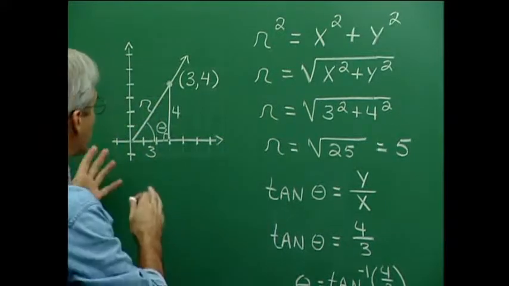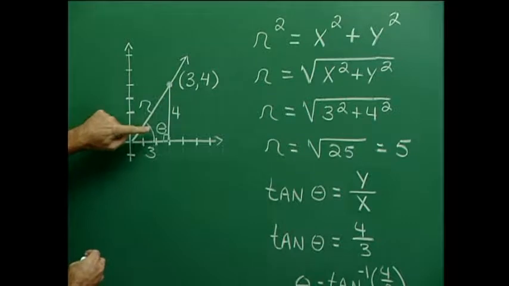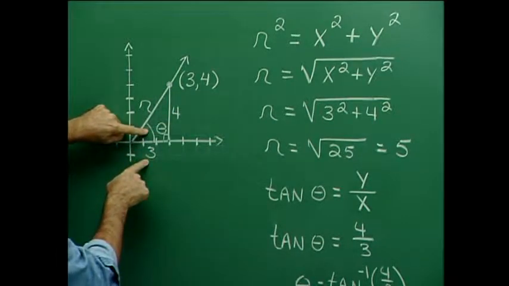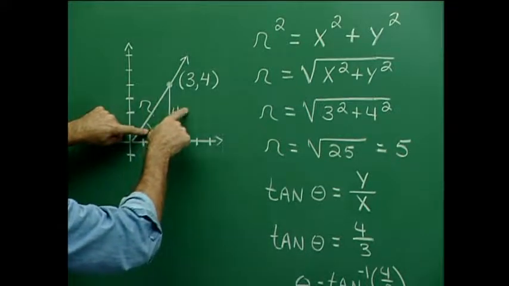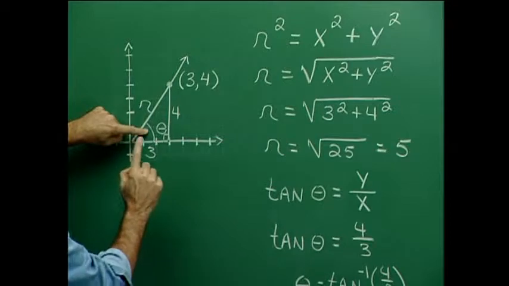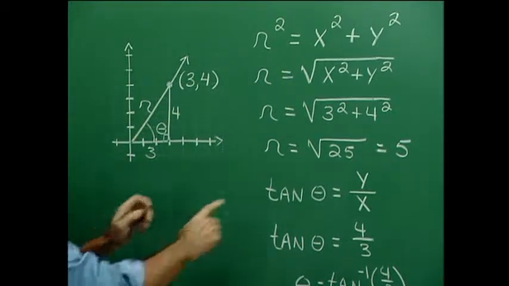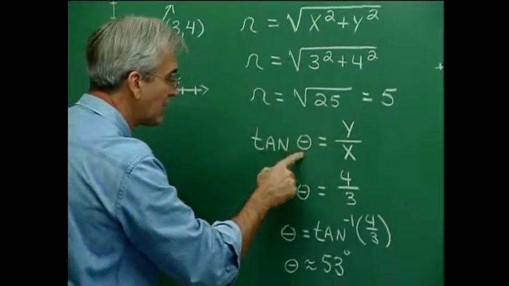Now for theta, it's a similar kind of thing. We can just use past experience to understand how to find theta. We have information about the opposite side and adjacent side, and that's the tangent ratio. So the tangent of theta is 4 over 3, and more generally it's y over x in this kind of configuration. This is how we make the calculation for theta.